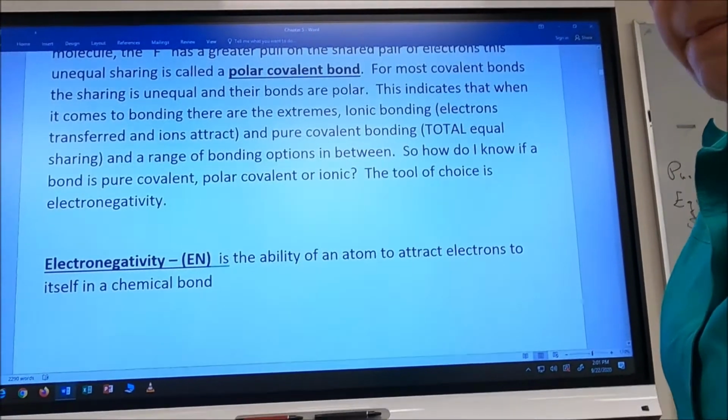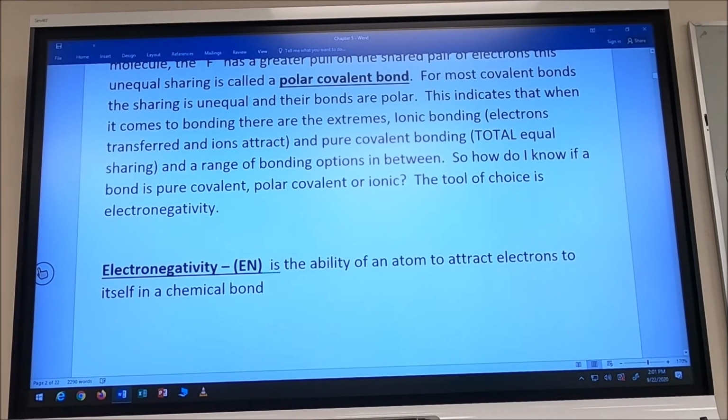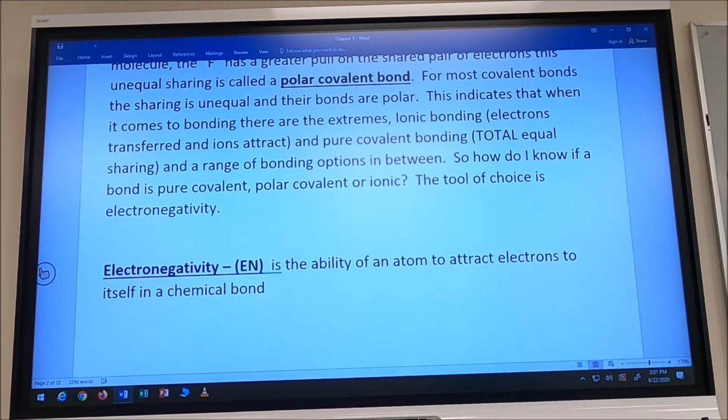Okay? Now, the way that we judge the unequalness of the sharing of electrons between two atoms is through using something called electronegativity. Okay? EN is our abbreviation for electronegativity.